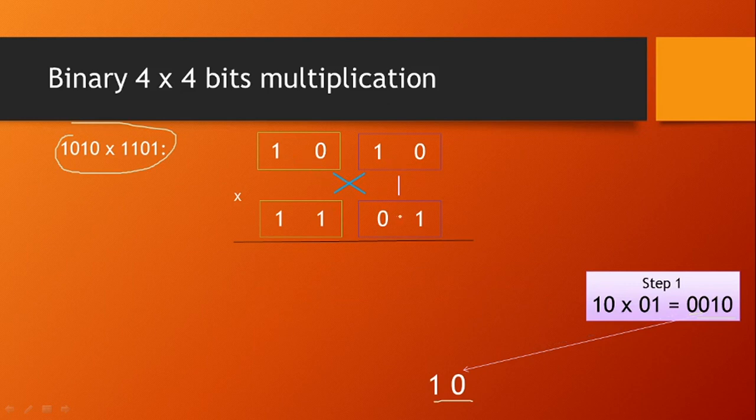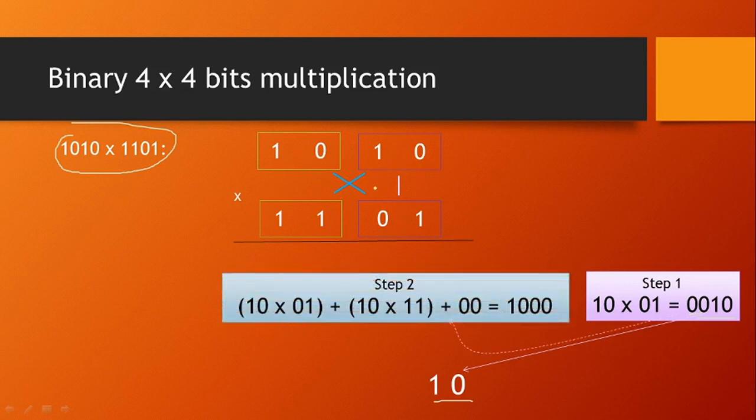So 10 into 01, 10 into 01, and then 10 into 11. So 10 that is 2 into 1 that is 2, plus 2 into 3 that is 6, plus 00. So the result is 2 plus 6 is 8. Again out of that 1000, we take the last 2 bits in the result and the first 2 bits will be added in step 3.